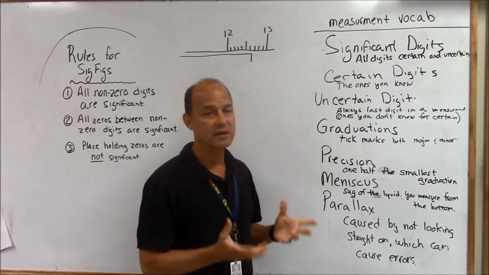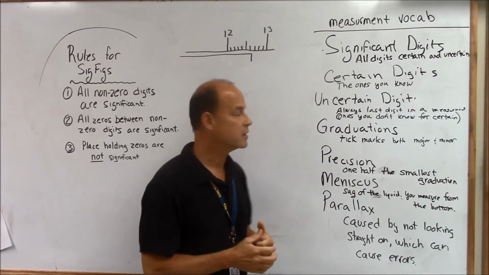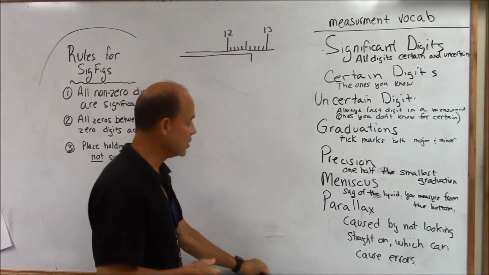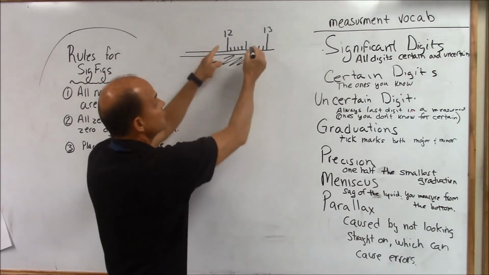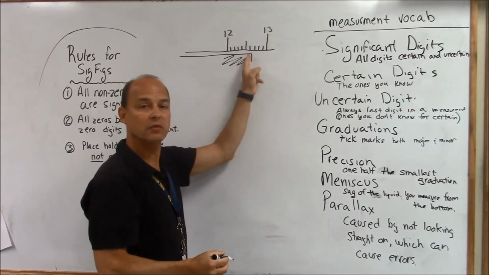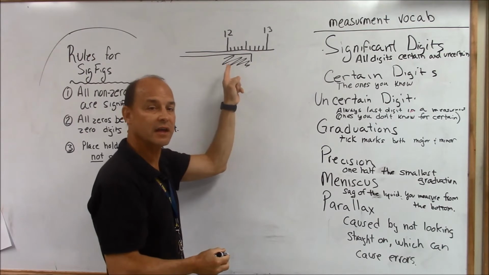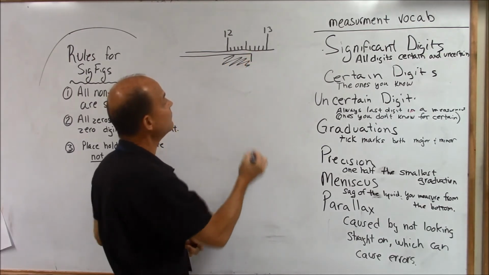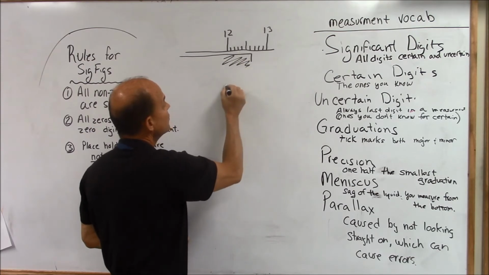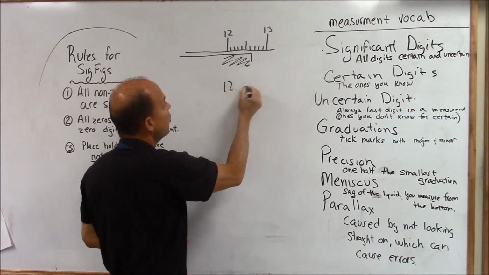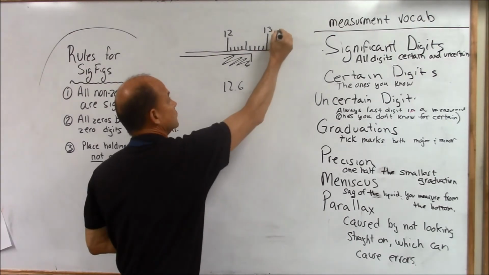You may remember, I did this for some classes, but not all classes. I had you measure an index card. Say this is your index card here, and this is a ruler here, and this is what you were seeing when you were measuring the length of the index card. A lot of people reported the length of the index card to be 12.6 centimeters.